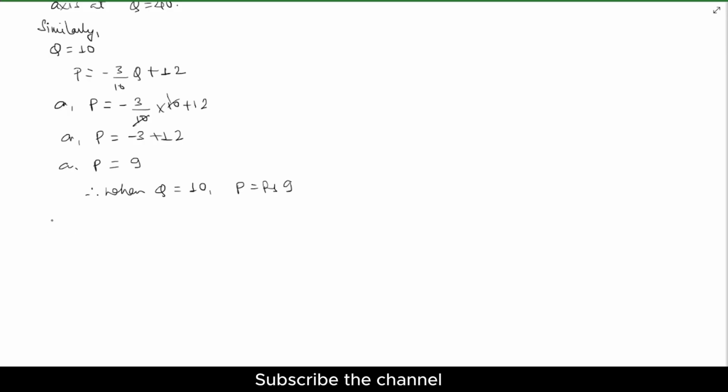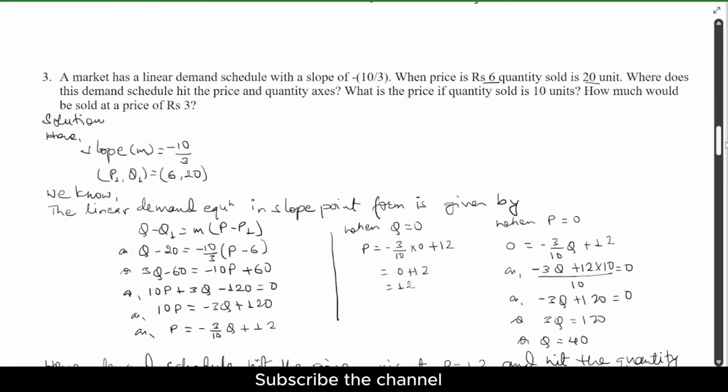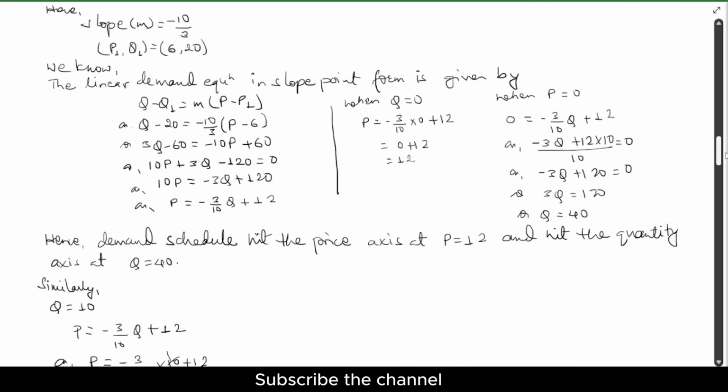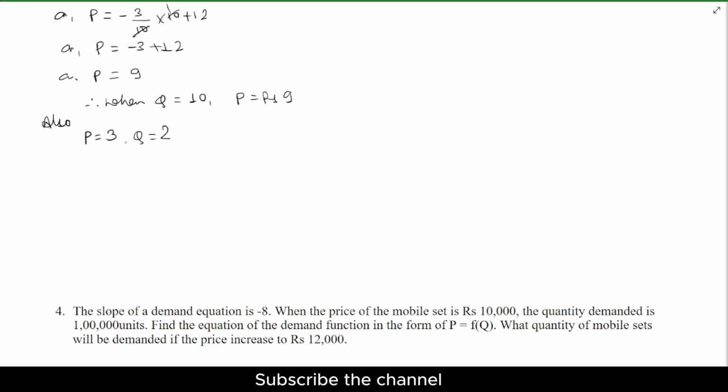Also, what we need to find is how much would be sold at the price of rupees 3. If the price goes to 3, then what will be the quantity? We have p equals minus 3 by 10 q plus 12.